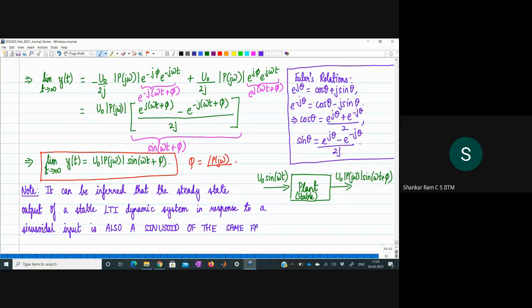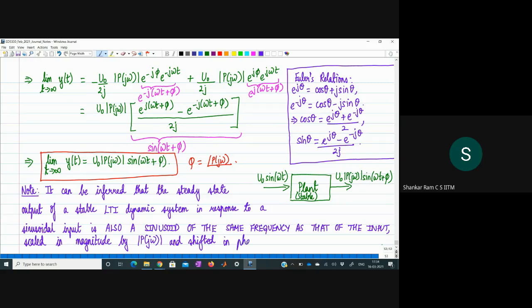Okay, so this is a very important result. But scaled in magnitude by the magnitude of P of j omega, which we call the sinusoidal transfer function, and shifted in phase by the phase of P of j omega.